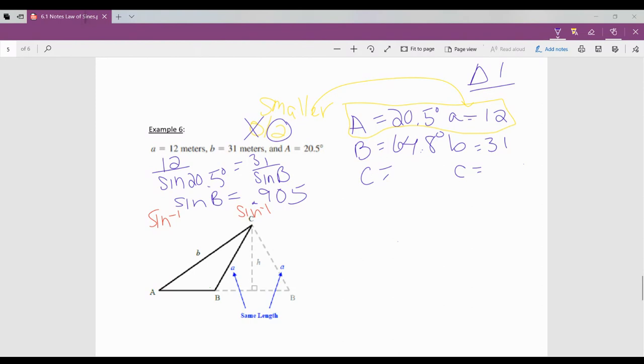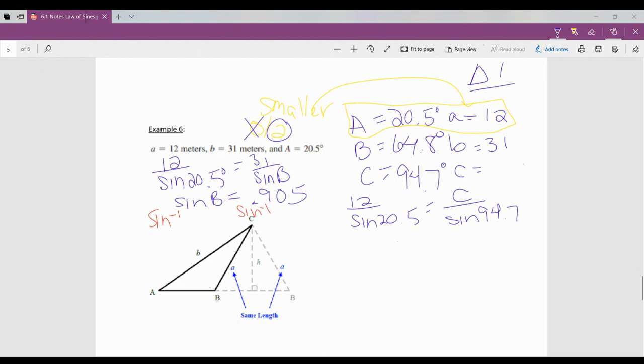All right, so we do 180 minus 20.5 minus 64.8, and we get what angle C is, which is 94.7 degrees. And then we can find what side C is by once again doing the law of sines. So 12 over sine of 20.5 equals little c over sine of 94.7.